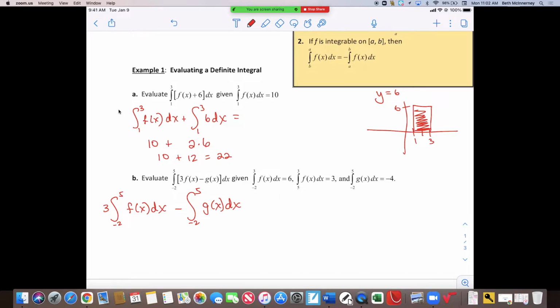Okay, so let's take a look at what we've got here. I've got the integral from negative 2 to 3 of f of x dx, and I have an integral from 5 to 3 of f of x dx. Any ideas how we might tackle the integral from negative 2 to 5? Because I don't have that one like I have for g. What could I do?